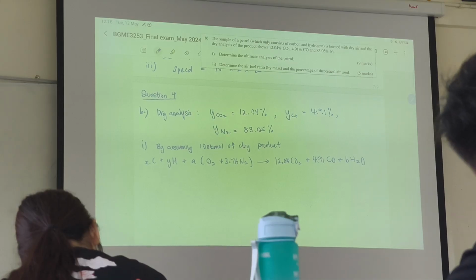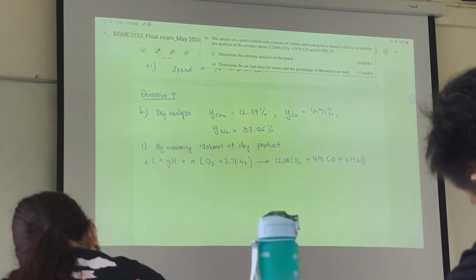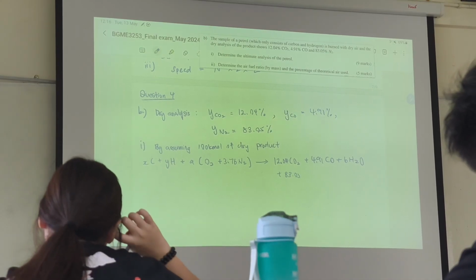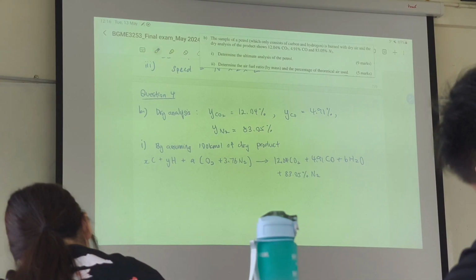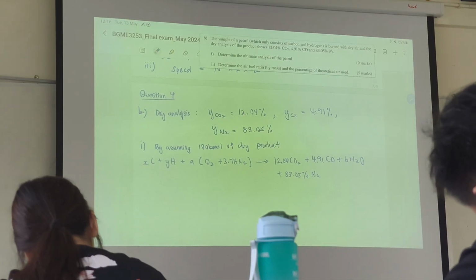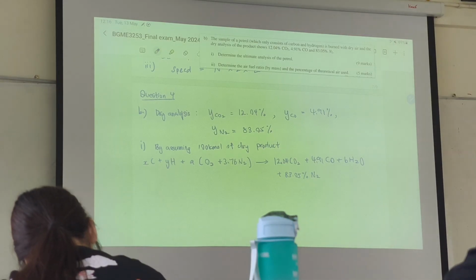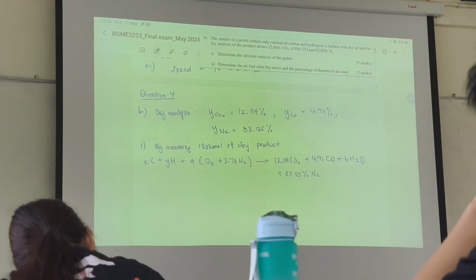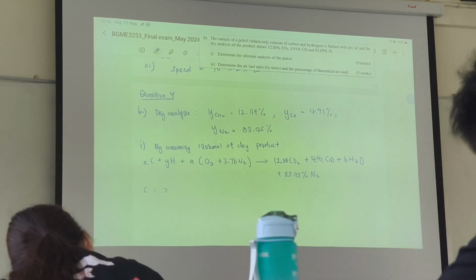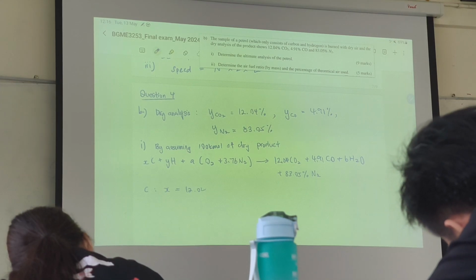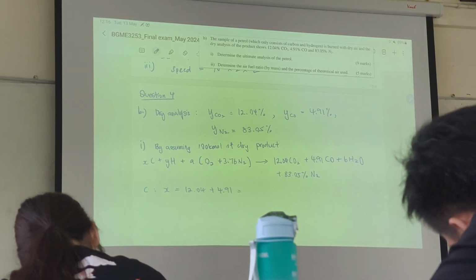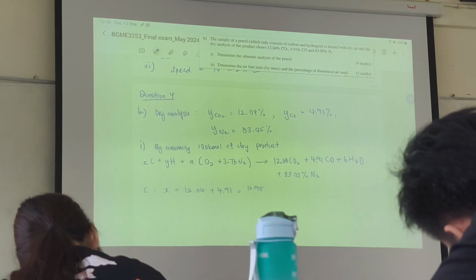So you still have H2O. That's why the 100 kilomole is for dry product, it's not for product. And 83.05 N2. So from here, we can start balancing. If you balance carbon, you will see that X equals 12.04 plus 4.91, and you get 16.95.